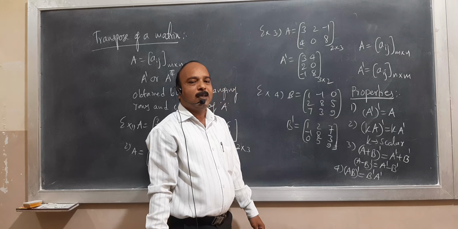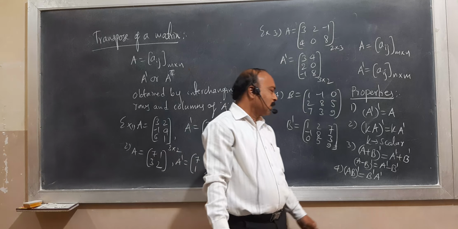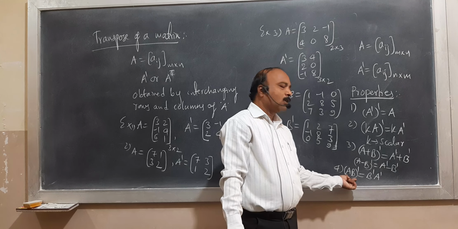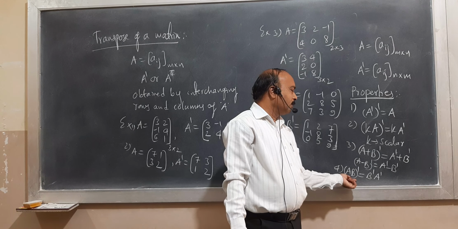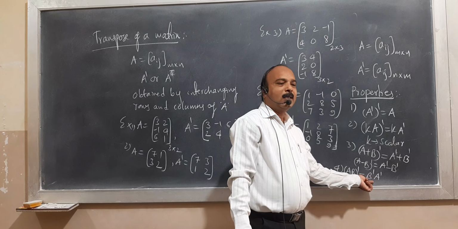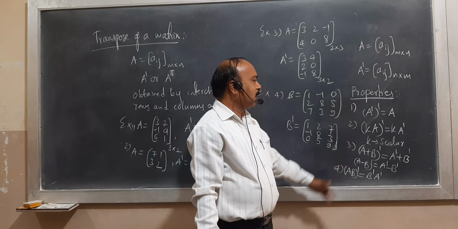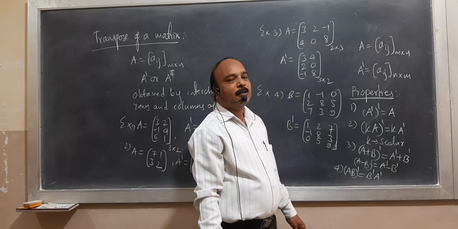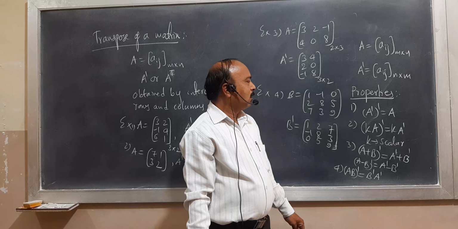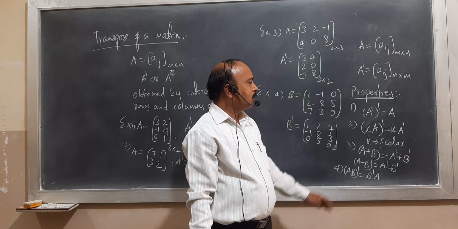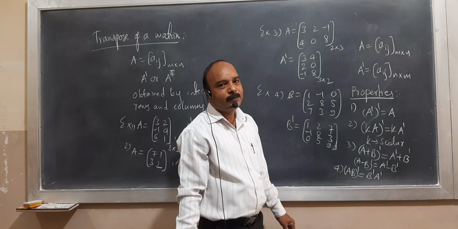That is, the transpose of matrix AB is nothing but the transpose of B matrix into the transpose of A matrix. These are some of the important properties of the transpose of matrices. Now we can solve examples by using these properties.